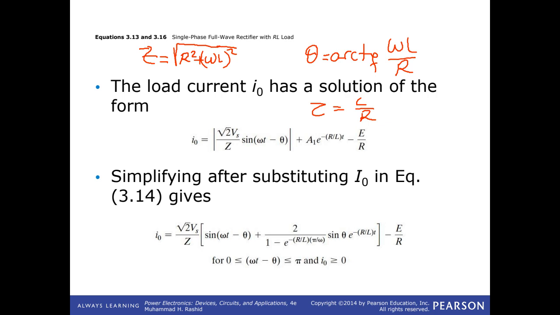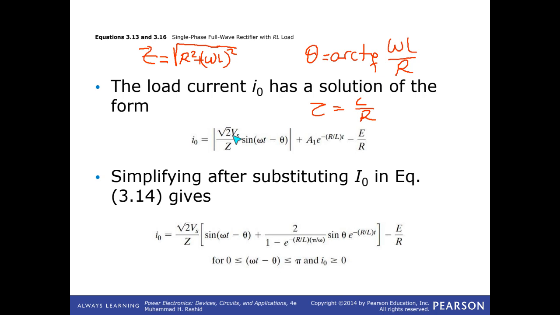And if you put that solution, then you are going to obtain this one. IO is equal to, this one is RMS value. That's why it's peak value. Here you can see that instead of peak value, if you use RMS value, you have to multiply with square root 2.